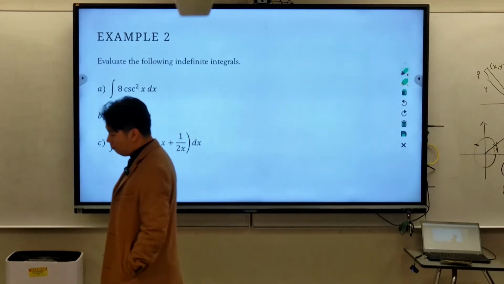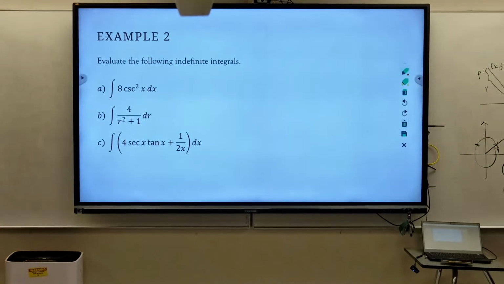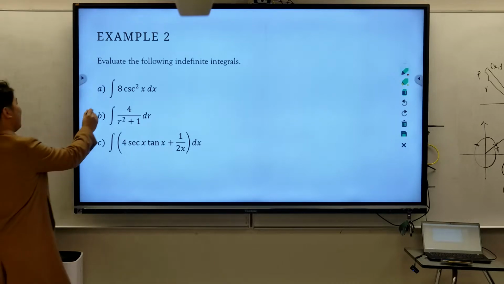All right, so for part A, I have the integral of 8 cosecant squared of x dx. What is this equal to? Remember, whenever I'm asking for an integral, I'm saying the derivative of what function gives me this expression right here.